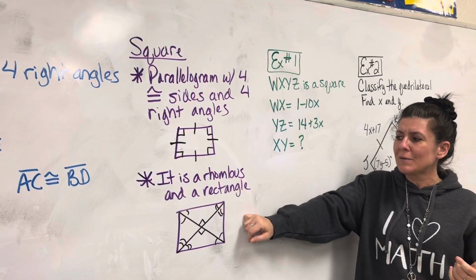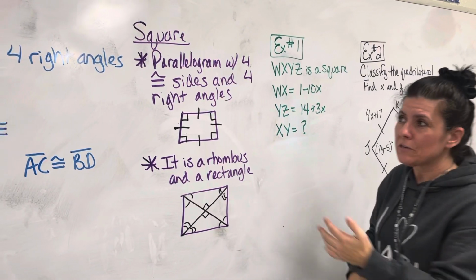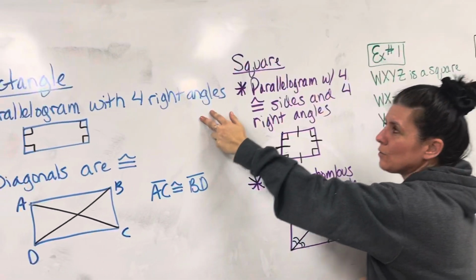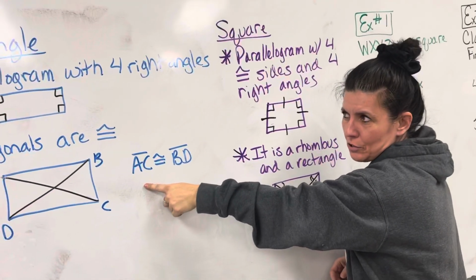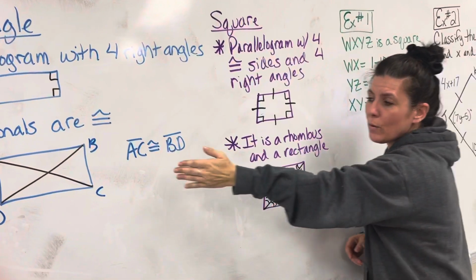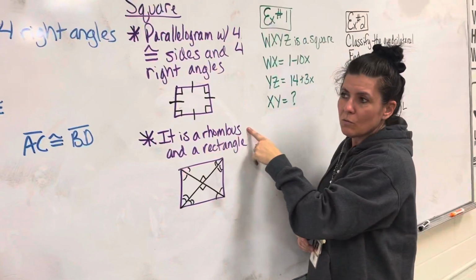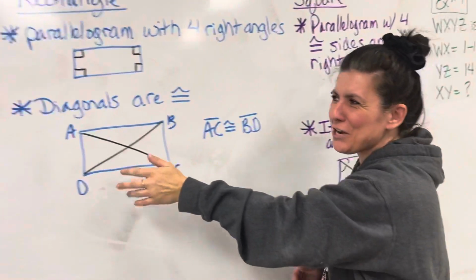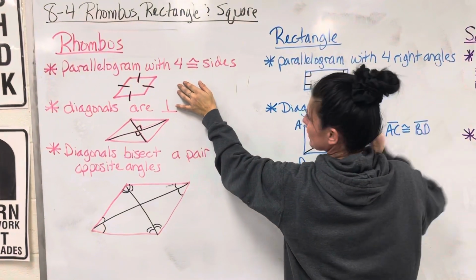It says it's a rhombus and a rectangle. So what that means is we already know that it has right angles because it's here. We don't know that the diagonals are congruent. So by calling it a rectangle, we know that it fits this criteria. It's also a rhombus. So looking back over here, we already know the sides are congruent because of this first part of our definition.